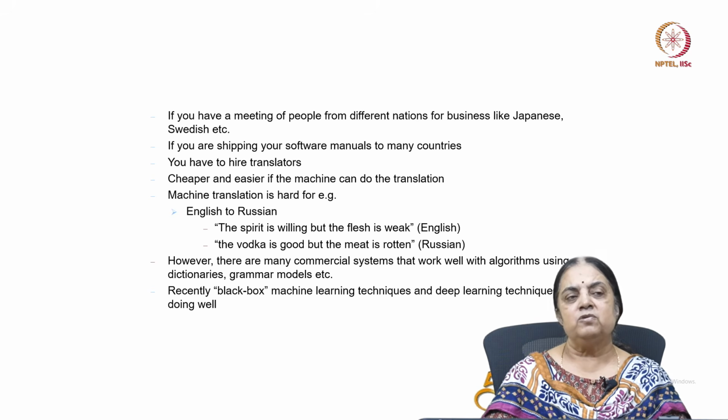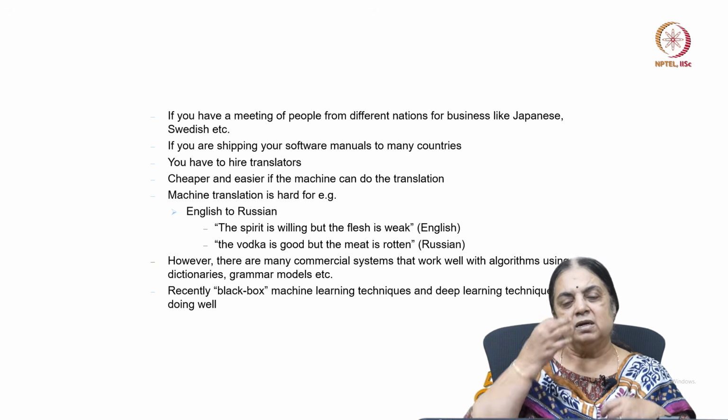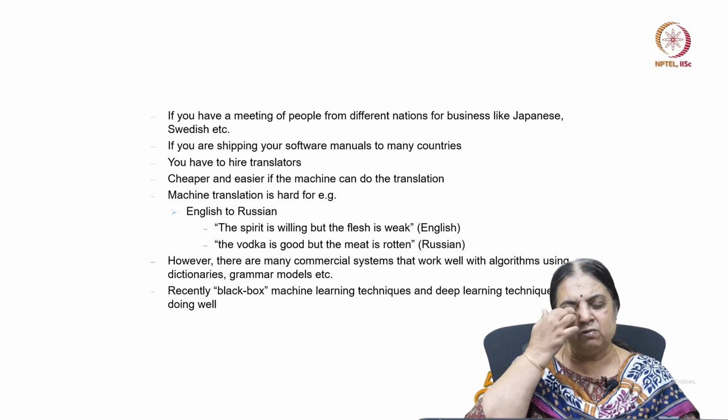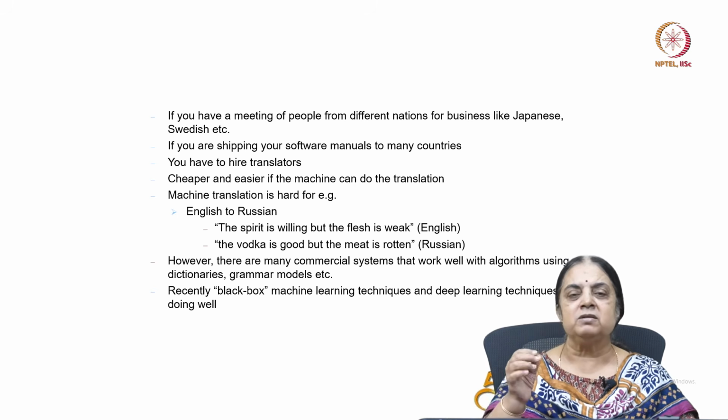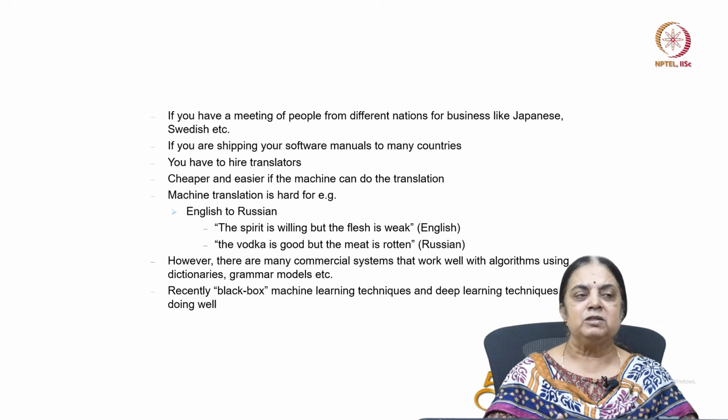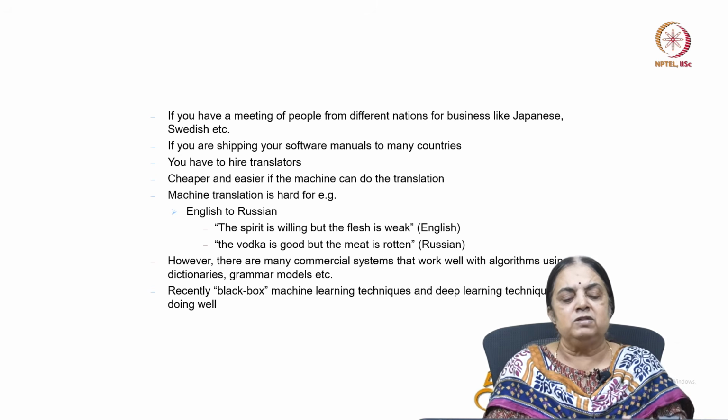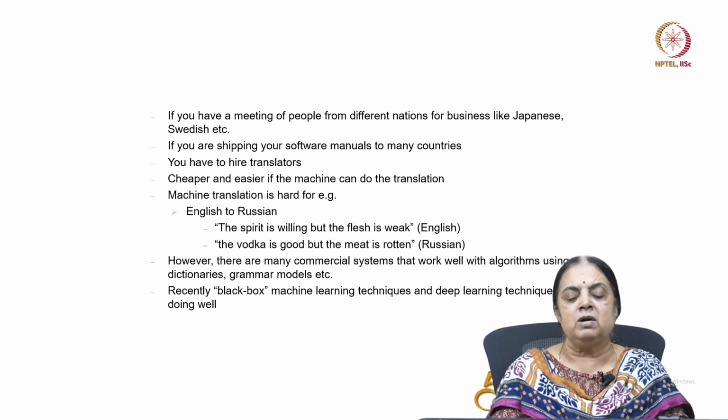We can understand because we know the situation around us. There are a lot of ambiguities: the same word can have different meanings, and you have similes, metaphors, and personification. So it's difficult for a computer to understand.